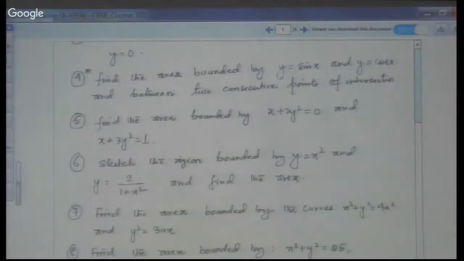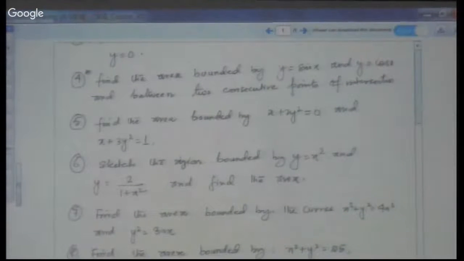2 upon 1 plus x square, right? I see at x is equal to 0, y is 2. And I see that it doesn't have any vertical asymptote, but it does have the horizontal asymptote at infinity.